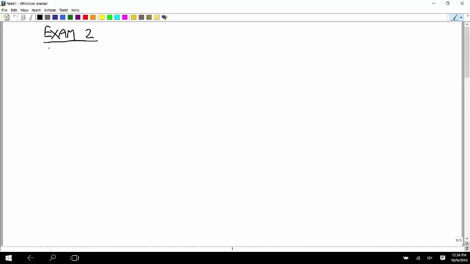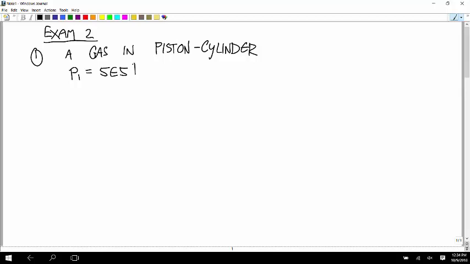Okay, so exam 2. First question, there's a gas in a piston cylinder. It starts out at P1 of 5 times 10 to the 5th pascals and volume 1 of 0.4 cubic meters.